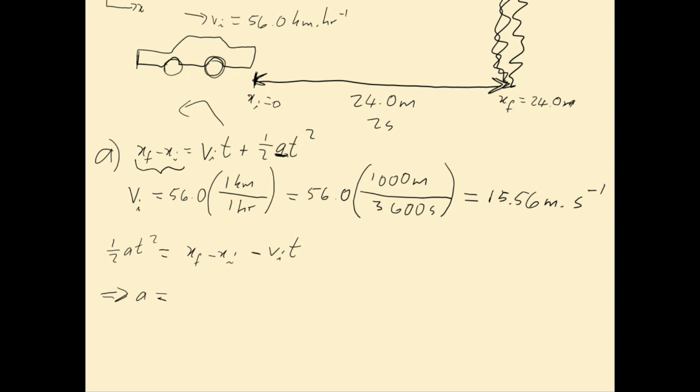So a is 2 times what was on the right hand side, and divide everything by t squared.